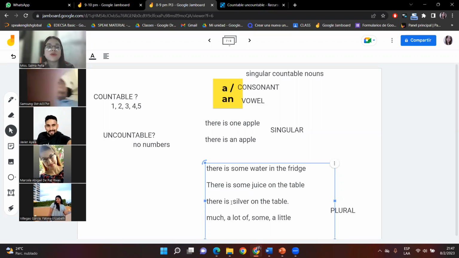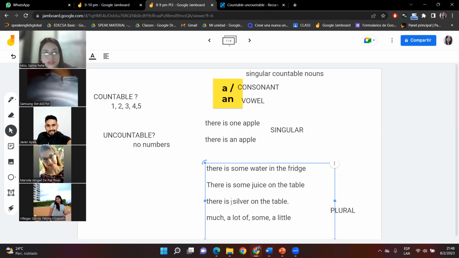Sí, pero como ellos no pueden ser contabilizados con números. Por eso les ponía los dos ejemplos. Decir, there is one apple es lo mismo que decir, there is an apple. Y desde el momento que ponemos one, ya hay un número ahí que solo se podría ocupar con un elemento contable. That's why with uncountable nouns, we can't use it.